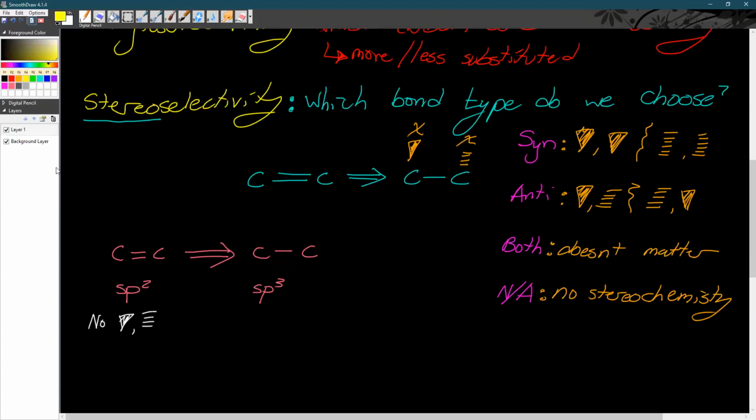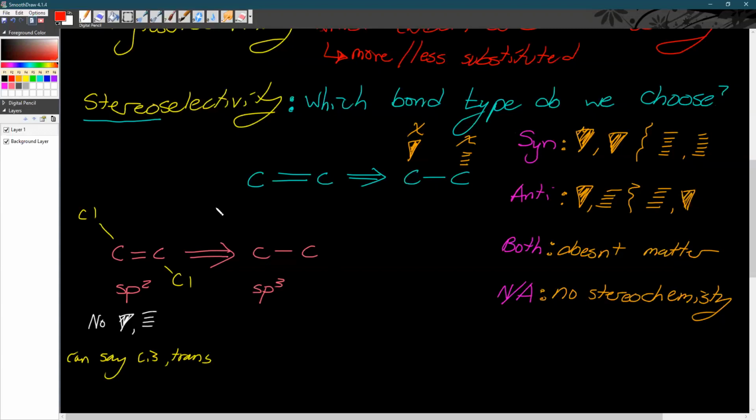However, we can describe things like cis or trans, right? So we can say cis or trans, right? So we do have stereoisomer relationship words to describe. It's just that we can't say wedge or dash, okay? Because there's no 3D aspect to a carbon-carbon double bond, right? It's flat. sp2 hybridized carbon is flat.